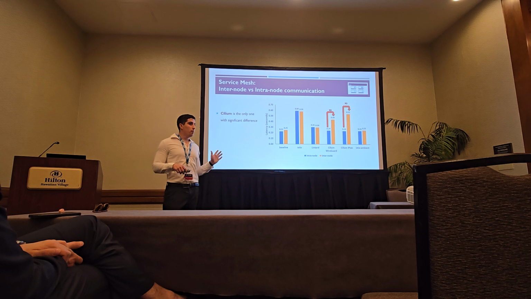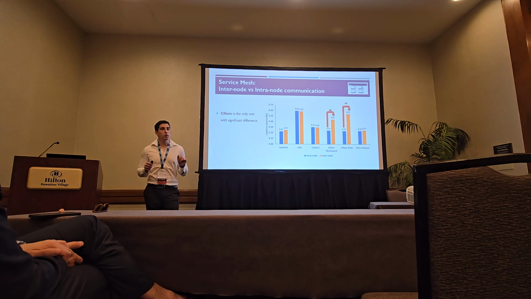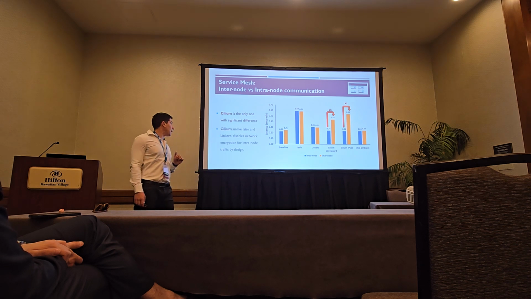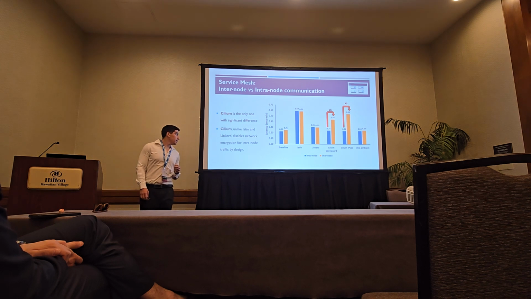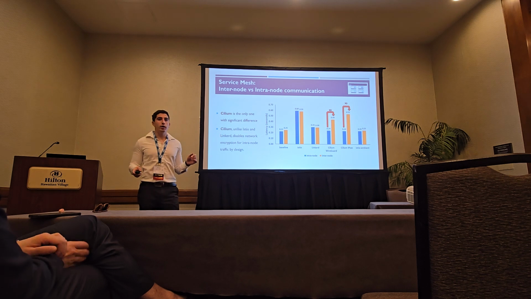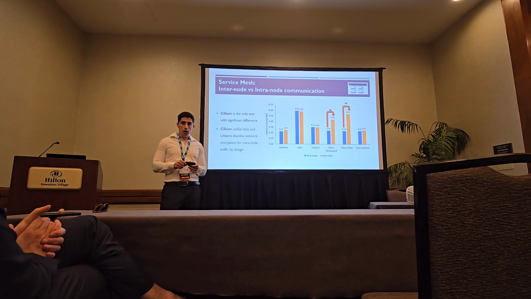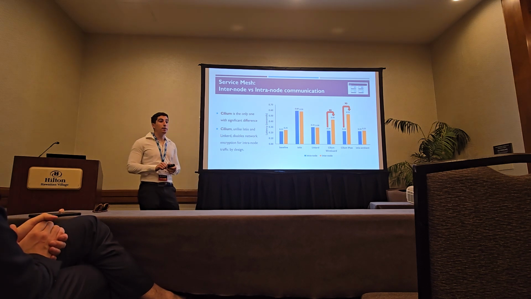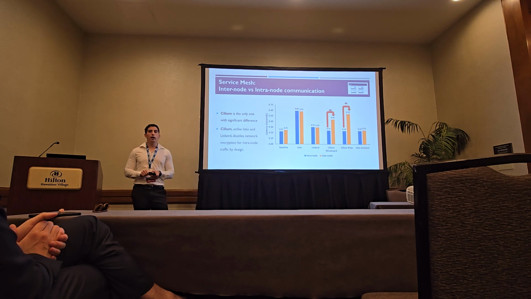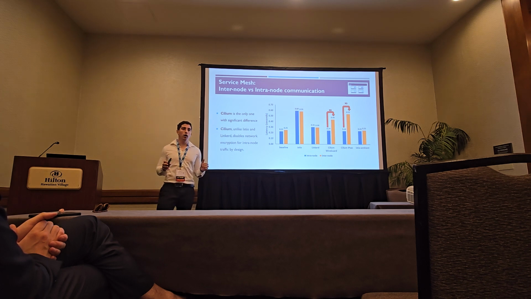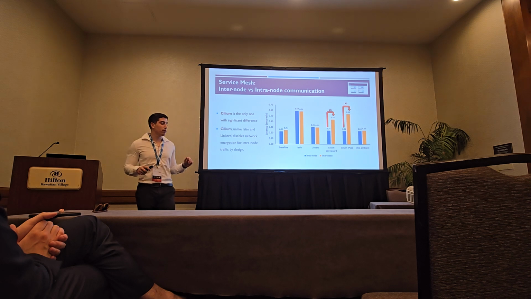But it's not that good in internode communication because, by design, unlike Istio and Linkerd, Cilium disables network encryption, so you can't encrypt the intranode communication in Cilium. This might be a problem for some people, but if you don't care about encryption inside your node, you're okay, and you get better performance.